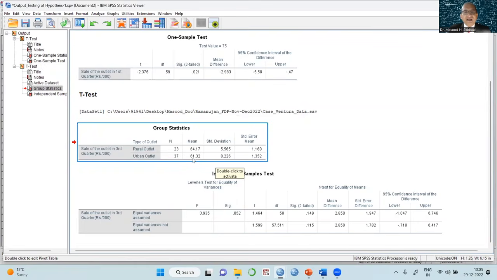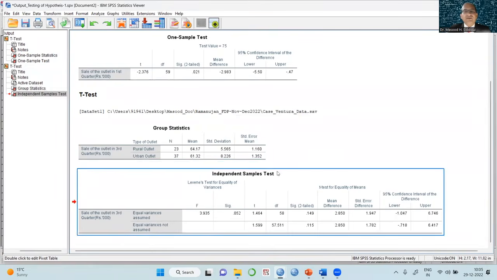Right? As we have discussed earlier also, there will be some difference in the sample values. Now we are going to examine whether this difference between 64 and 61 is significant or not. For that, we will be discussing the independent sample t-test. Now, as we look at the independent sample t-test, it actually consists of two parts.